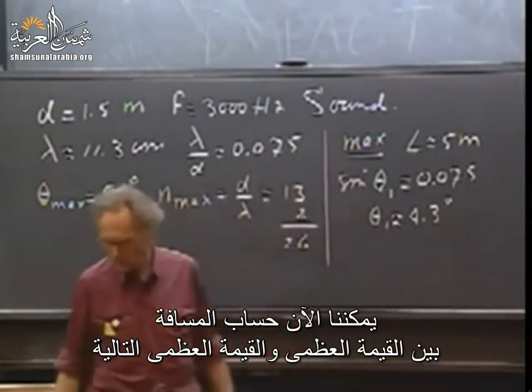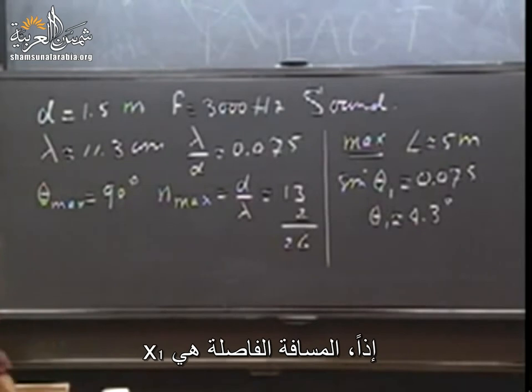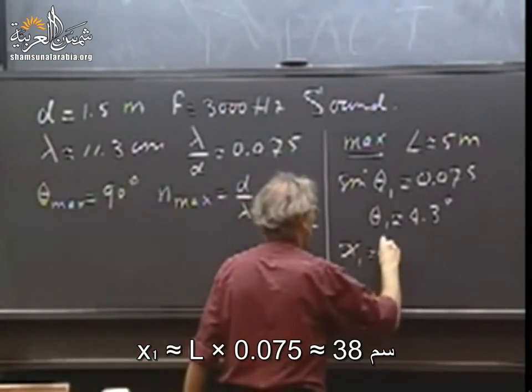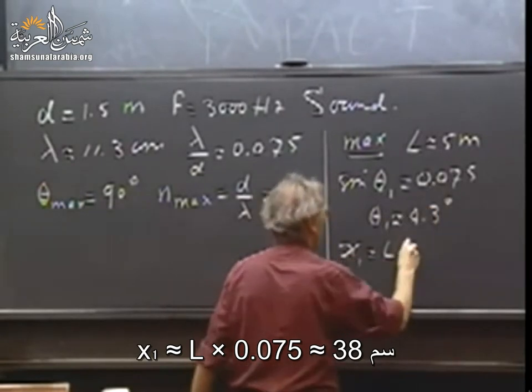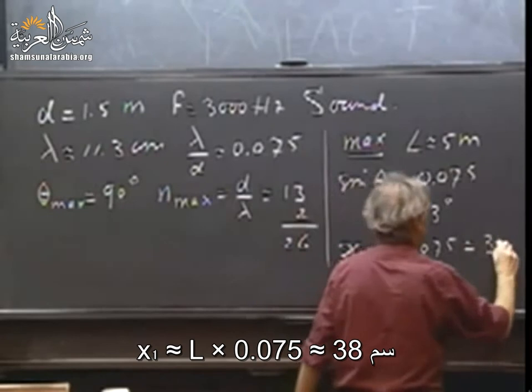And so now you can calculate what the separation is between one maximum and the next maximum. That separation x1, I call it x1, is roughly L times that 0.075. And that is about 38 centimeters.